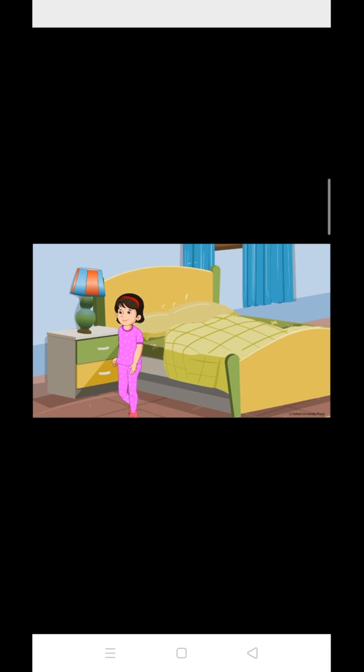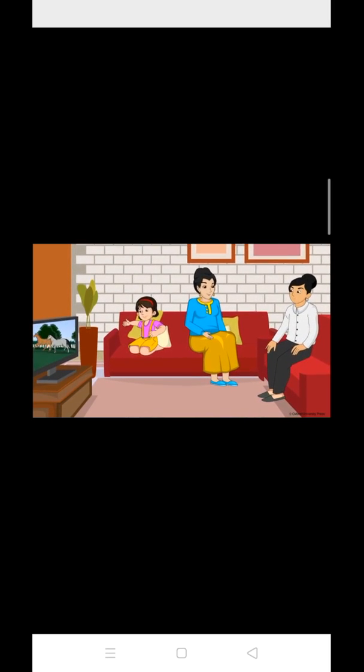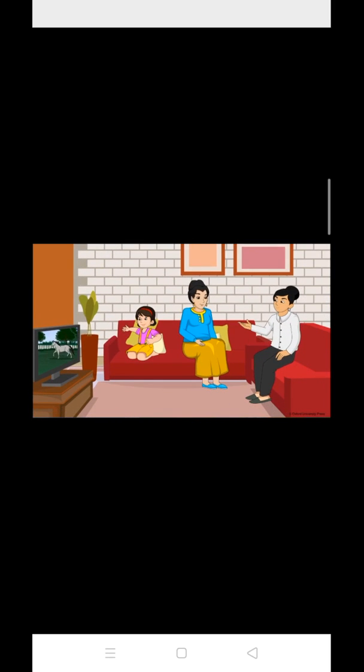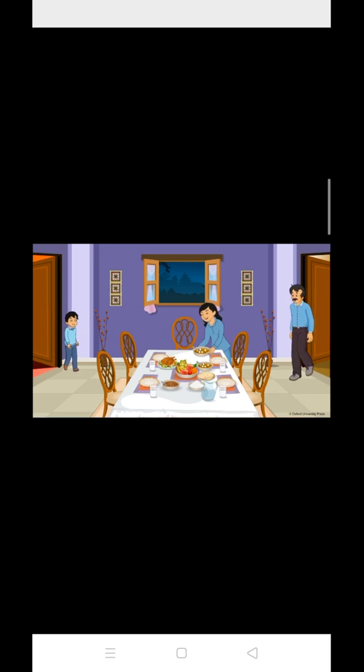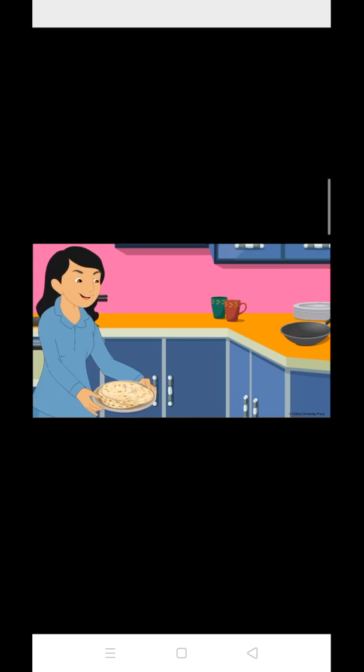We sleep in the bedroom at night. This is the living room. We sit with our guests and friends in the living room. We may also watch TV or listen to music in the living room. We eat food at the dining table in the dining room. This is the kitchen where food is cooked.